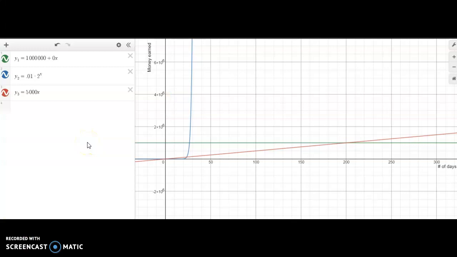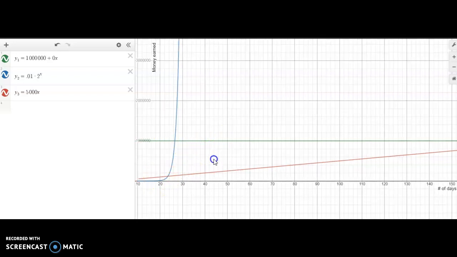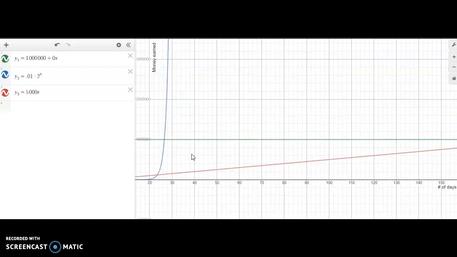So straight off the bat, I'll tell you which color is which. So the green line right here is going to represent just giving you $1 million straight off the bat. Our blue line here is if I give you a penny a day. You see how after 21 days we're getting a lot more money, up in the hundreds and hundred thousands.